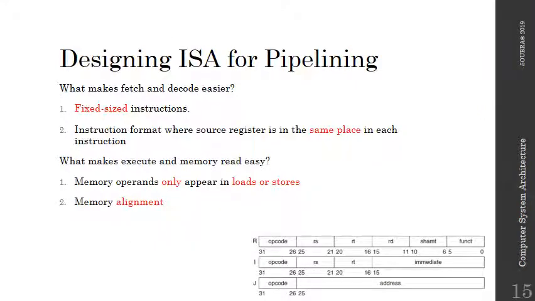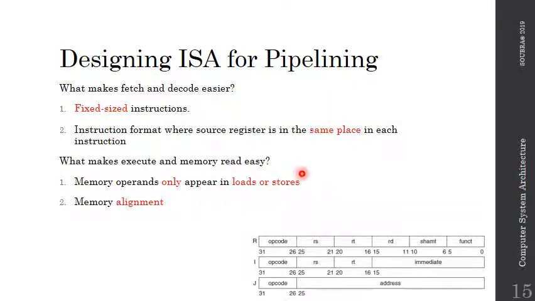All right, so let's think about the limitations. And by the way, what made pipelining happen? Well, the fact that everything is easier with the MIPS ISA. So everything is fixed size. Basically, we're gonna read from the same place, and we can have a lot of sharing in the data path because we have fixed size instructions, and in all instructions we're gonna get at least one of the source registers at the same place.